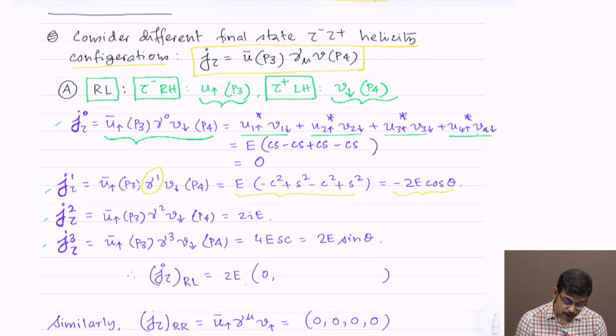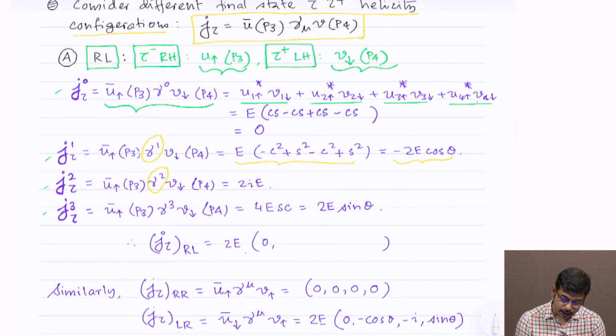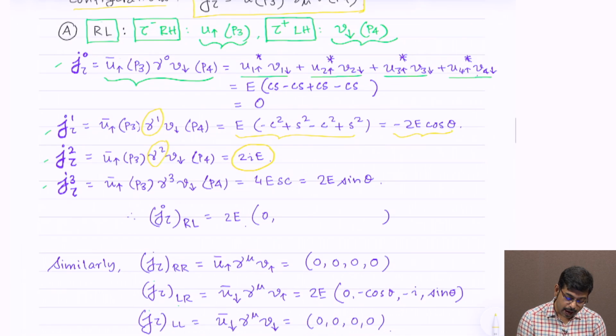You can also calculate the J tau 2 component, that is U bar up P3 gamma 2 V down P4, which is going to be equal to 2IE, and the third component J3 tau has gamma 3 in between, and if you calculate, this turns out to be 4E sin theta by 2 cos theta by 2, which is 2E sin theta.